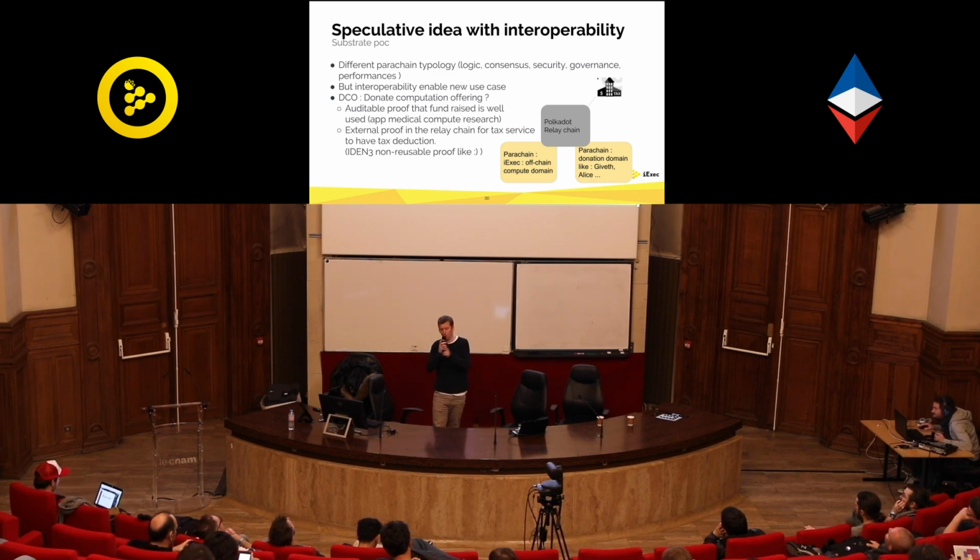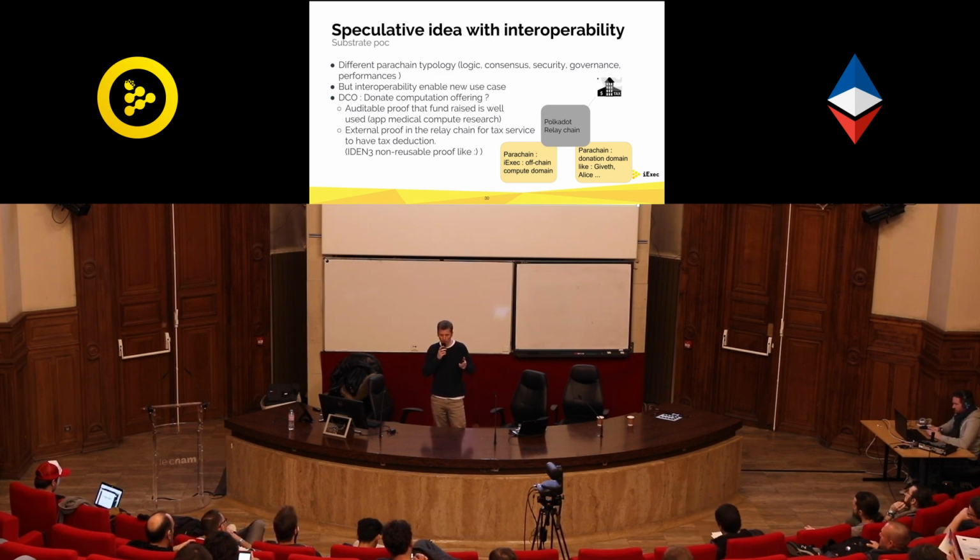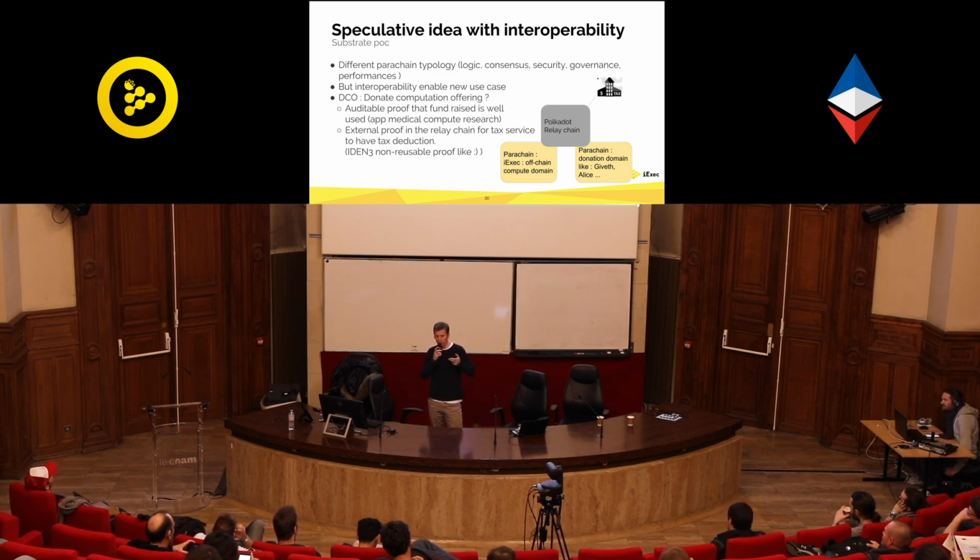And on the other side, there is another domain like donation. We can imagine that Giveth or Alice have different security models and different logic. For instance, they raise money, they have milestones, and this is a different topic.